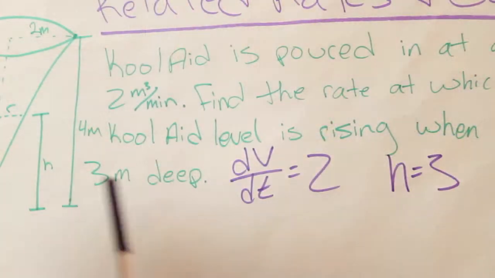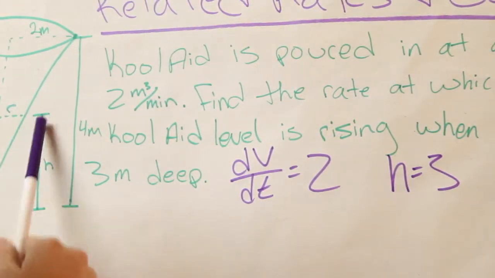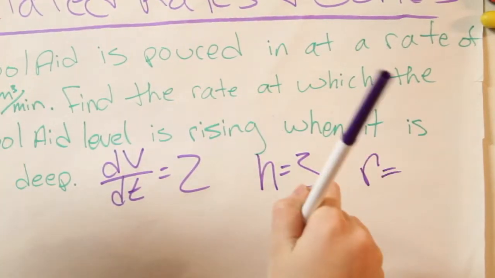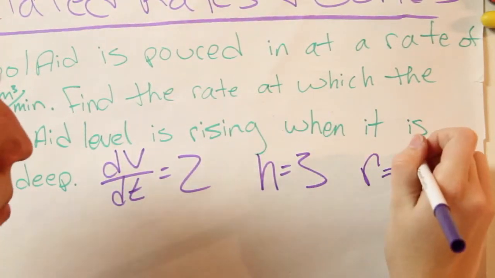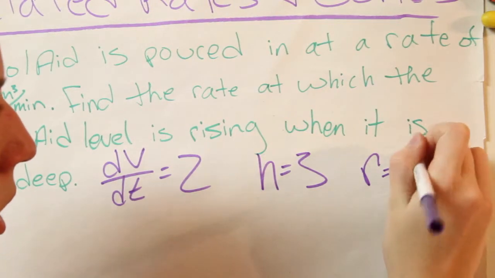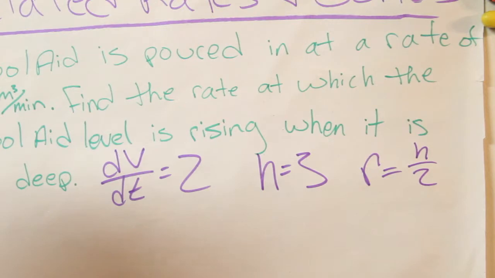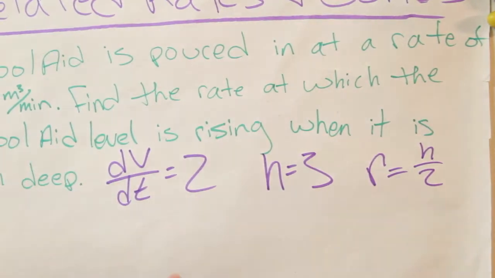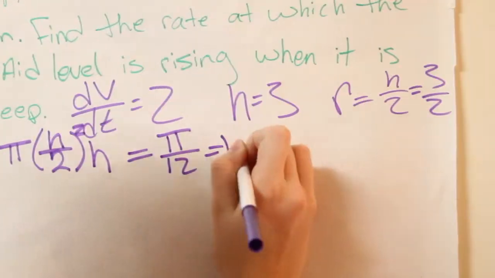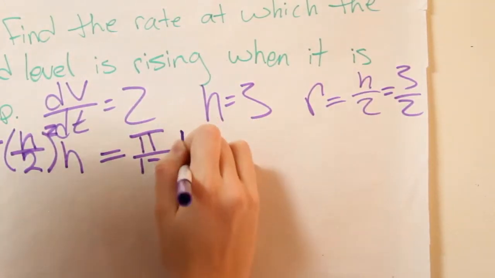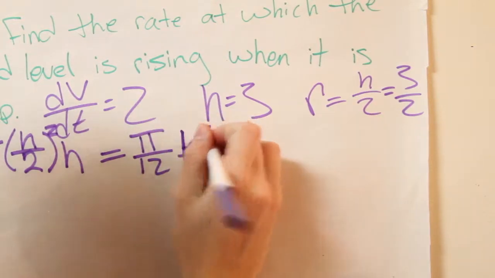As we pointed out earlier, the radius is half of the height, so the radius is equal to h over 2, or 3 over 2. The volume is equal to pi over 12 h cubed.